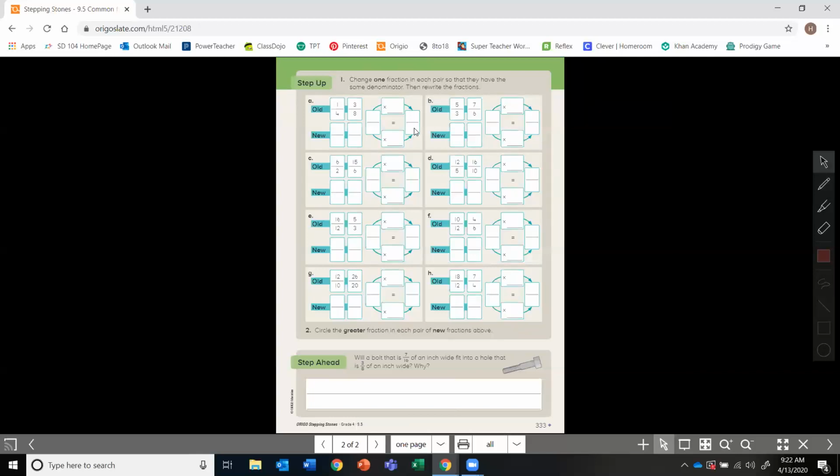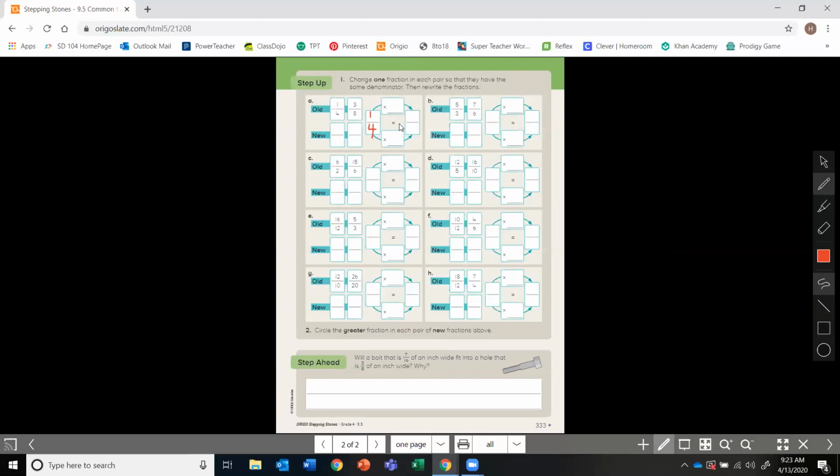So, for example, if we had 1/4 and 3/8, we're going to put the old fraction here. Let me see if I can get my pen. We're going to put 1/4 here. Okay. And we're going to make a new fraction. Okay.